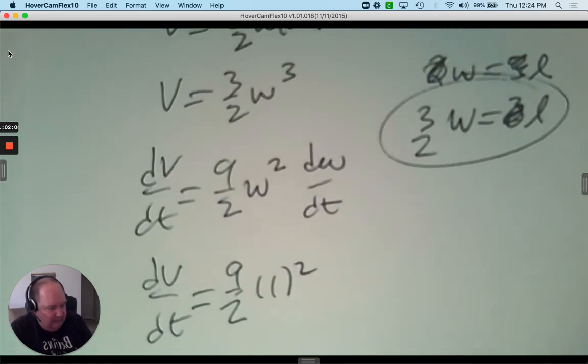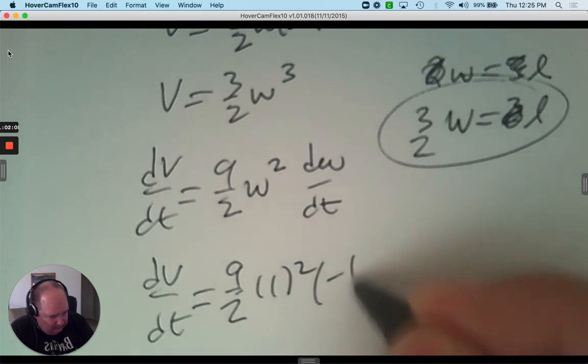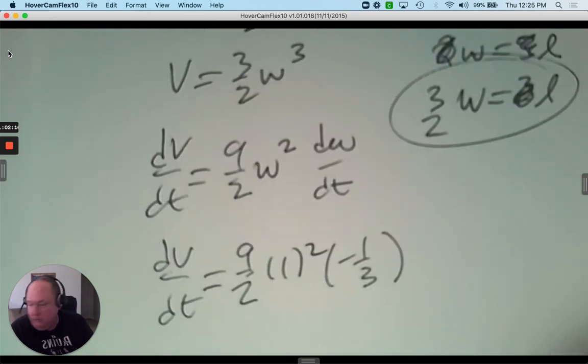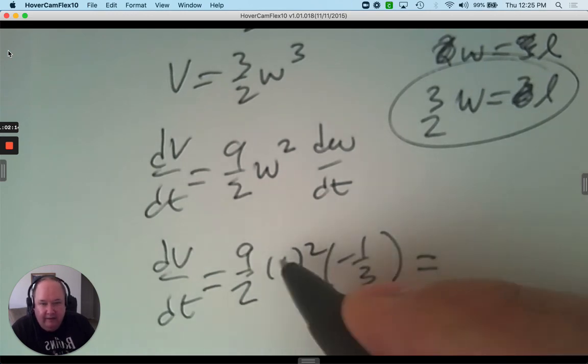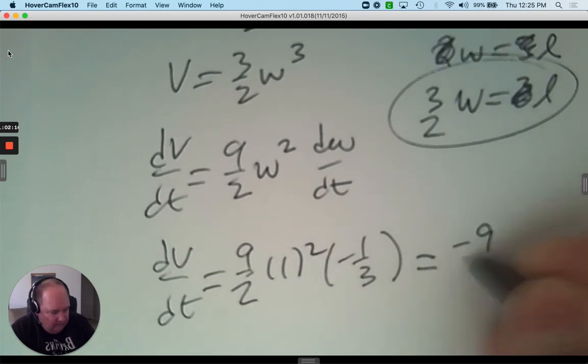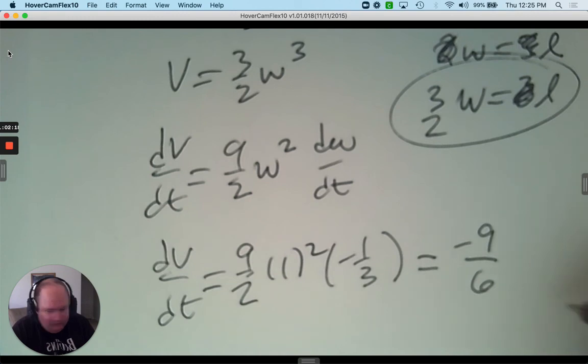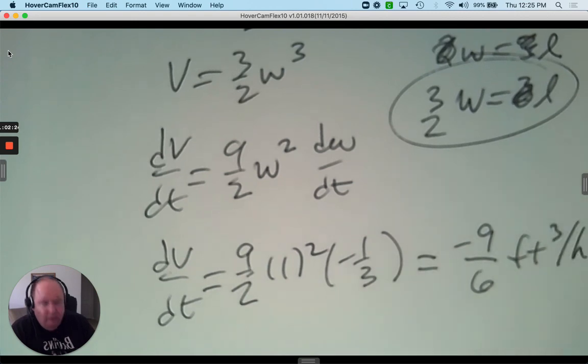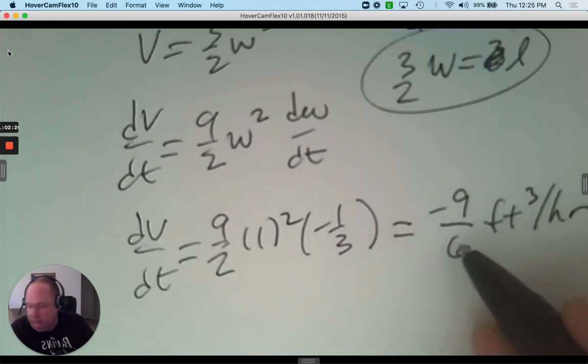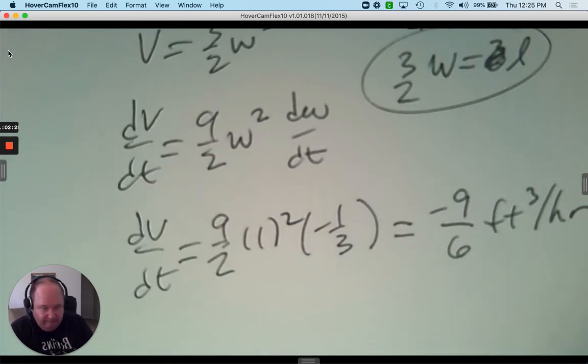We know that dw/dt is negative 1/3. Put that all together, and you get negative 9 over 6. And it's going to be feet cubed per hour. You could also write that answer as negative 3 over 2 feet cubed per hour.